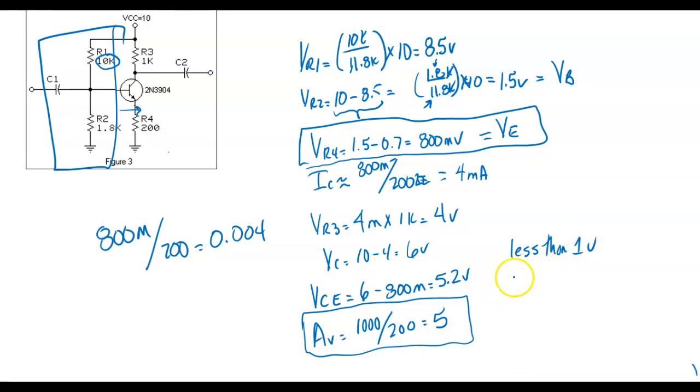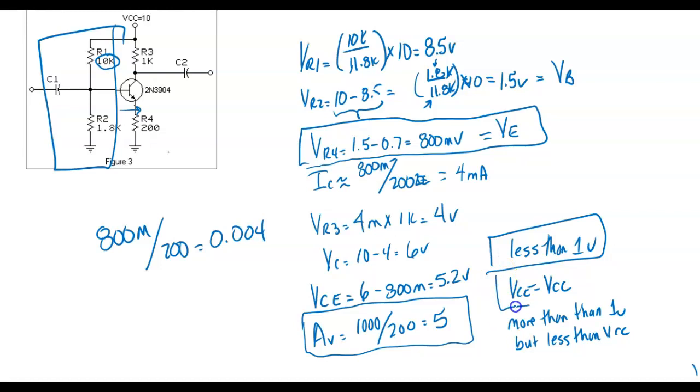So if it's more than 1 volt, hopefully a lot more, but less than VCC, then it's the active region. So this is saturation, this is cutoff, and this is active.